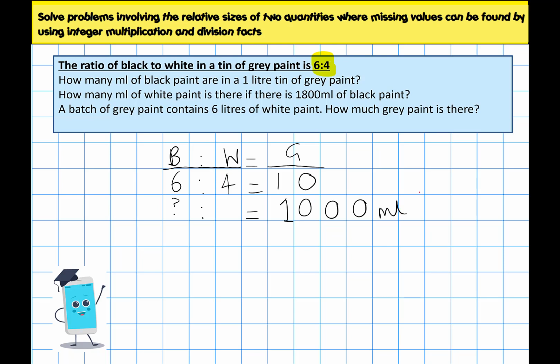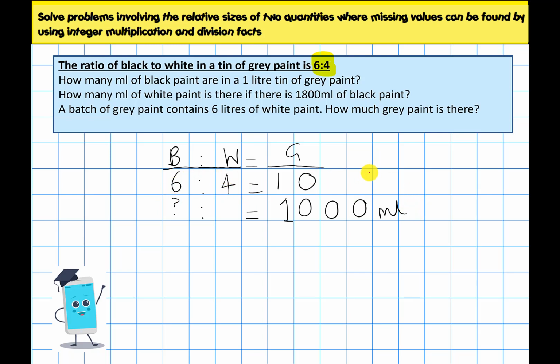Okay. Now I have 2 things I can compare. I can compare my 10 to my 1,000. If you have watched the scale factor video, you might have an idea how to do this. This is very similar to what we do with fractions when finding equivalent fractions. To maintain this ratio, whatever I scale this up by, I scale these up by too.